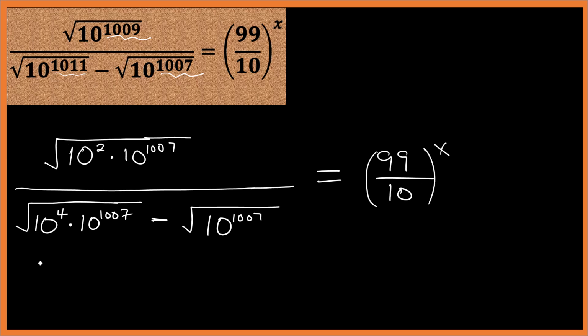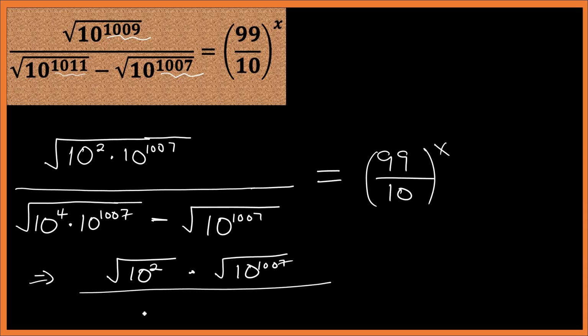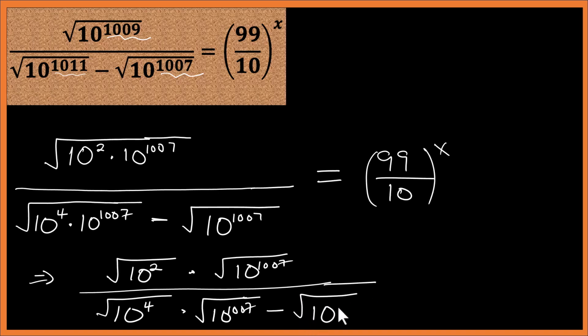From here we can write this as square root of 10 squared times square root of 10 raised to 1007, on square root of 10 raised to 4 times square root of 10 raised to 1007, minus square root of 10 raised to 1007, equals 99 on 10 raised to x.